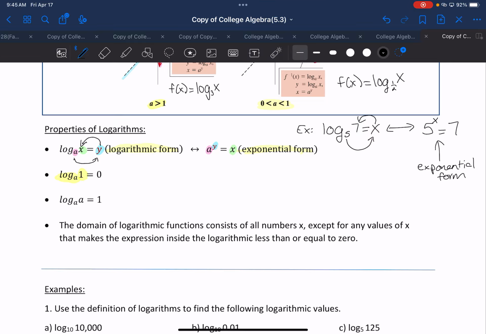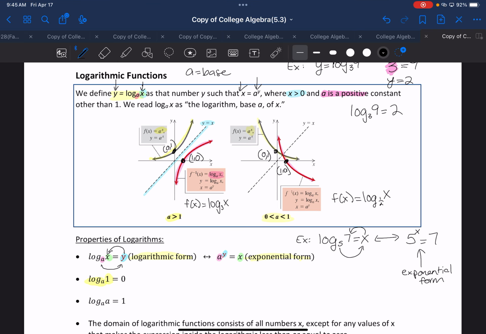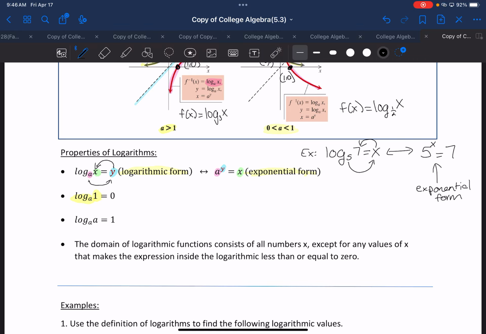That's the only thing that would make it equal to 1, unless a was 1, but a is not going to be equal to 1 because it's a positive constant other than 1. Because 1 to any exponent is just 1. So we're definitely not worried about that.